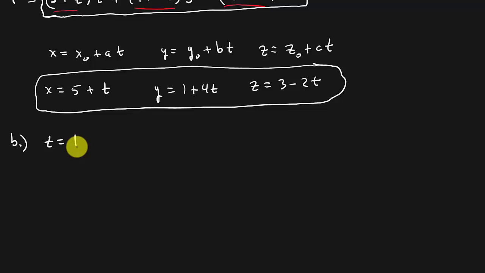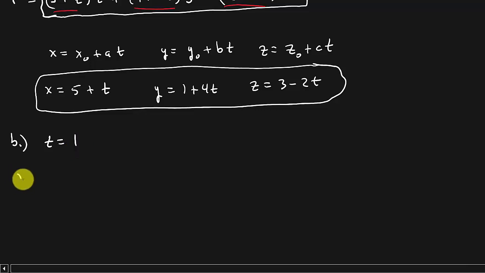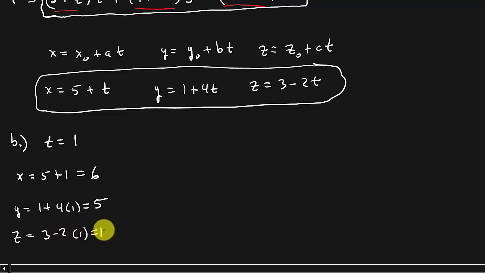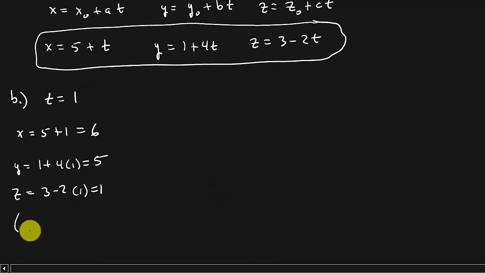So that's going to give me x is equal to 5 plus 1, which is 6. All I'm doing is taking the 1 and plugging it in here, and that's giving me my x coordinate. And so y is equal to 1 plus 4 times 1, which is 5. And then z is equal to 3 minus 2 times 1, which is 1. So that gives me the point 6, 5, 1.